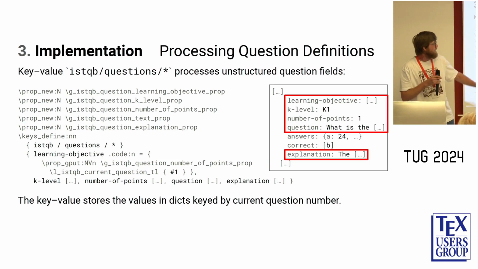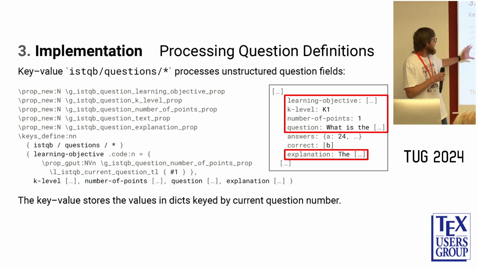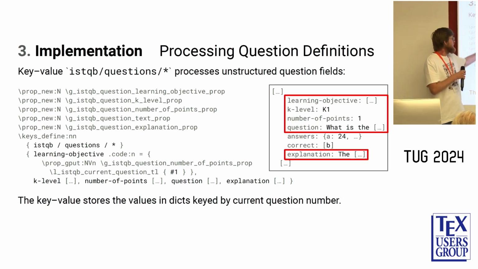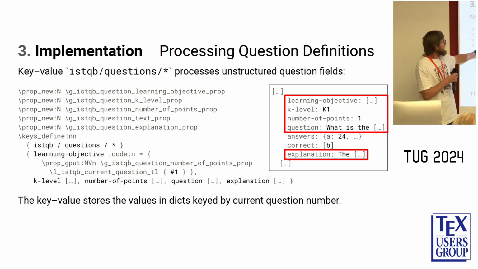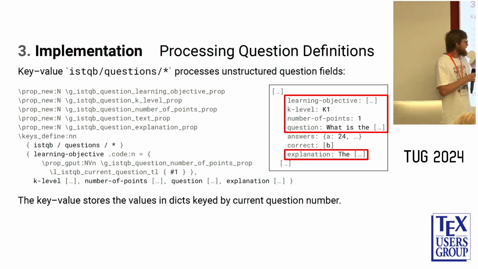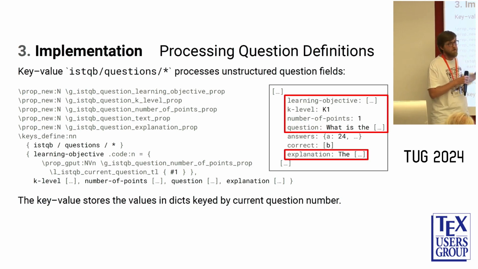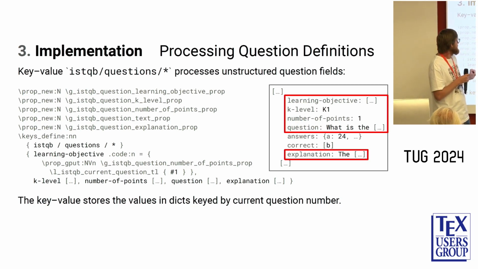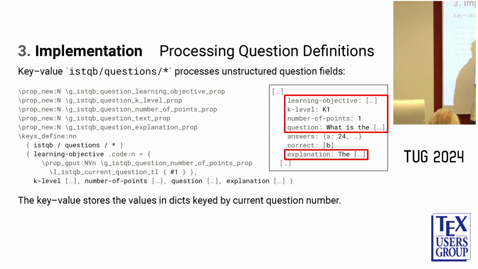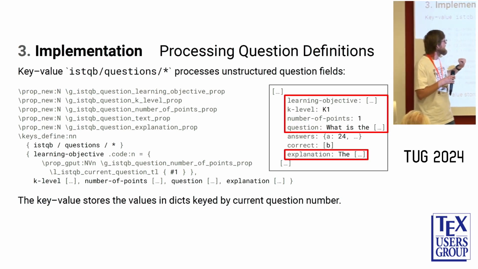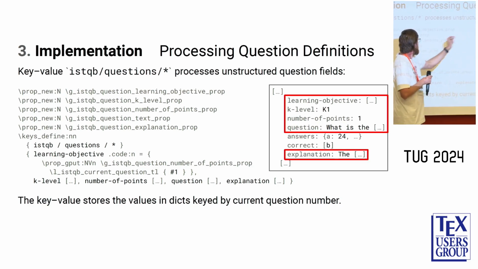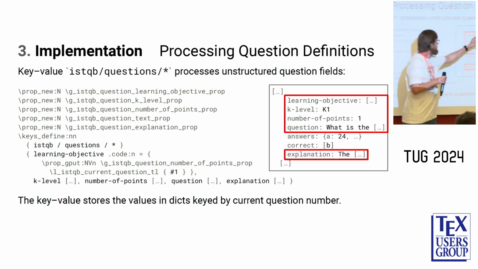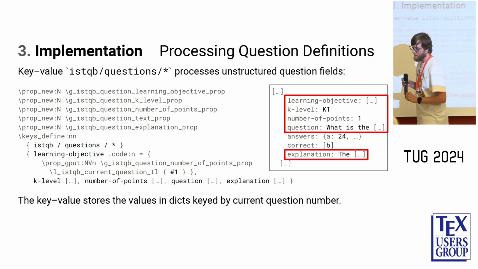So what happens with these simple fields, which are unstructured, is that they are passed to a simple expl3 key value, and it just stores the values into property lists, which are keyed by the current question number. So, for example, this property list under the key 1 would store the learning objective for question 1 and so on.